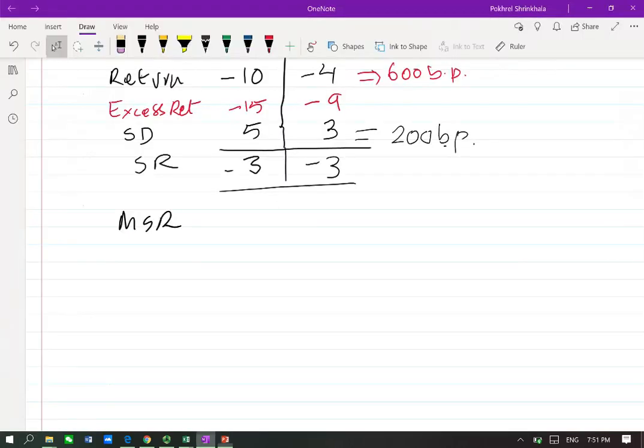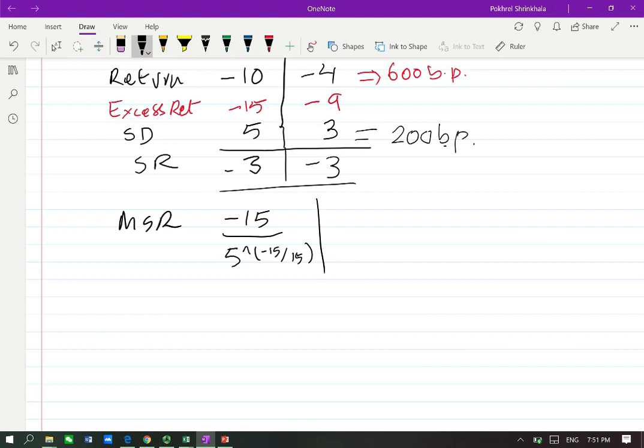So that's what we need to do here. Excess return is minus 15 for fund A, divided by standard deviation is 5. Then we've got exponent component, which is again minus 15, but denominator is absolute, so therefore 15 only. Okay, that's for fund A.